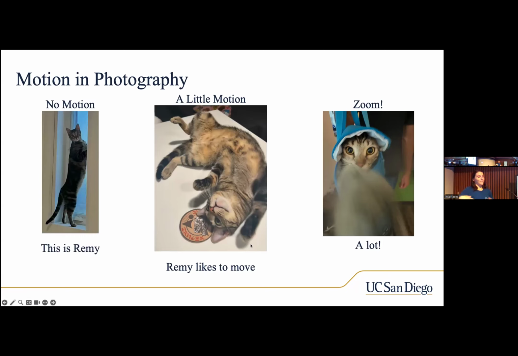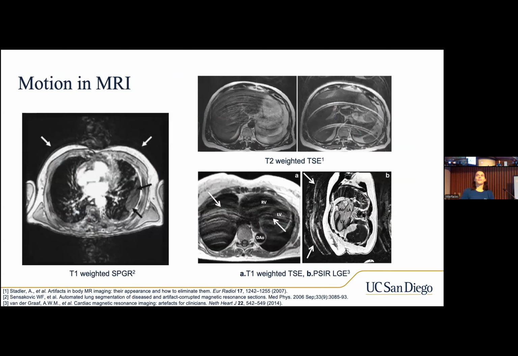So just like that for photography, you also have a similar problem with cardiac MRI. If you have motion that looks more like this, it's really hard to tell what's going on, making it not good enough for diagnosing someone or assessing their condition. So these are some of the motion artifacts you see with MRI, and they look pretty bad because it isn't just people moving that causes problems.